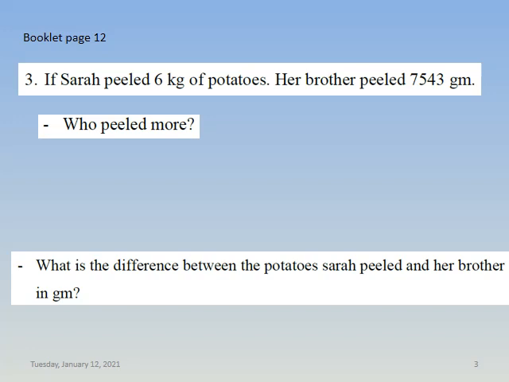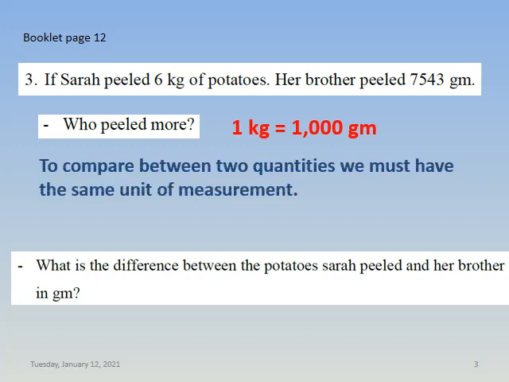So the 6 kilograms are equal to 6,000 grams. So now I knew that her brother peeled more than her because he peeled 7,543 grams, although she peeled only 6,000 grams.